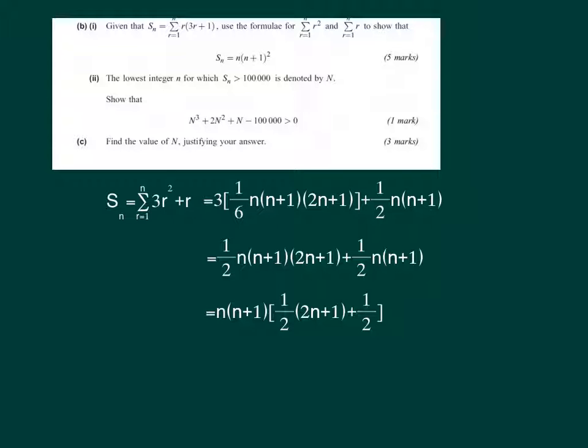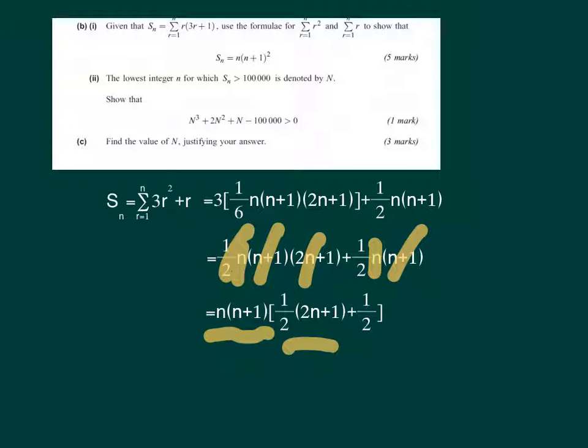So just to recap what I've done there, I've taken out an n from both terms, and I've taken out an n plus 1 from both terms. It's left me with this. Then, because we're factorising, what would I times n plus 1 by to have got this full first term? Well, there was a half left over and a 2n plus 1, so I'll put that inside the bracket.